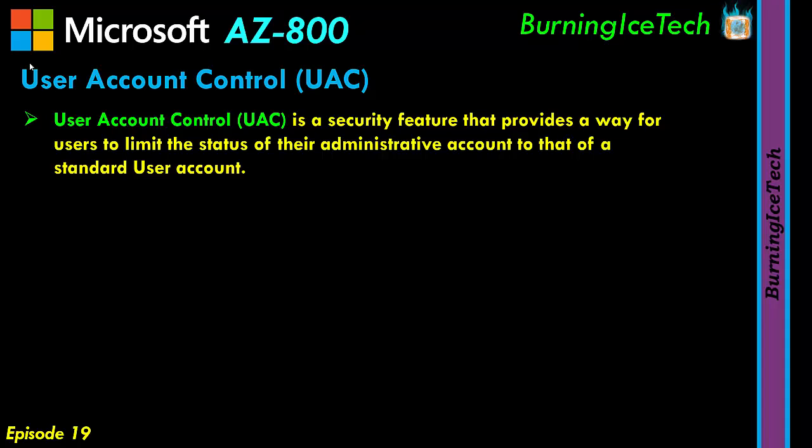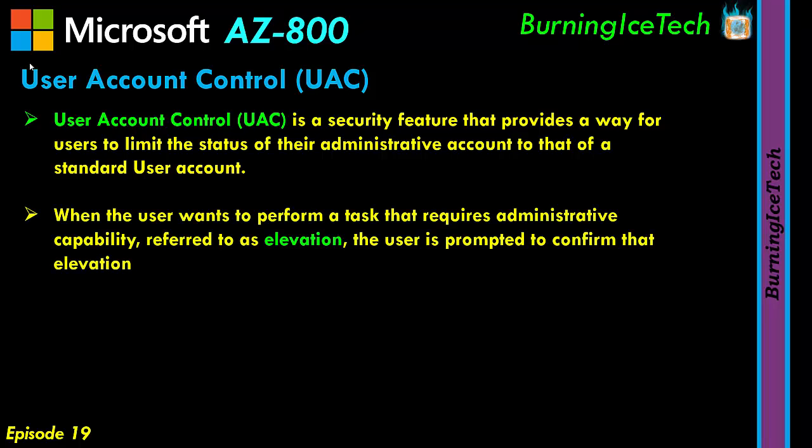And if it happens to be malware that's doing something automatically in the background without your knowledge, at least now you'll know, and you'll have the opportunity to say, no, I do not want to install this because I'm not aware of this. So with UAC, when the user wants to perform a task that requires administrative capability, referred to as elevation, the user is prompted to confirm that elevation, which is where the benefits to you comes in.